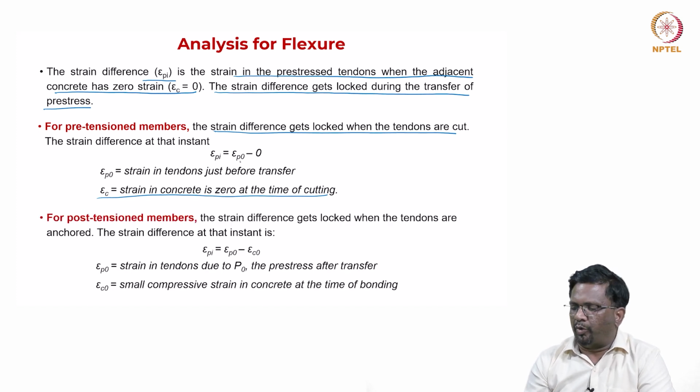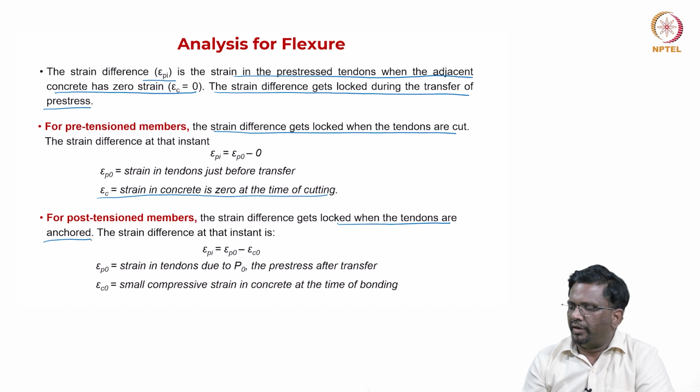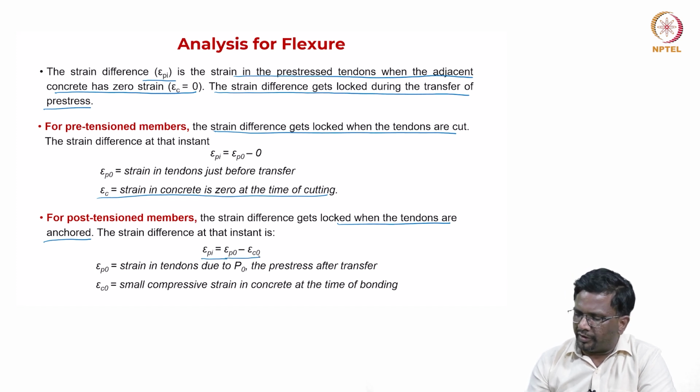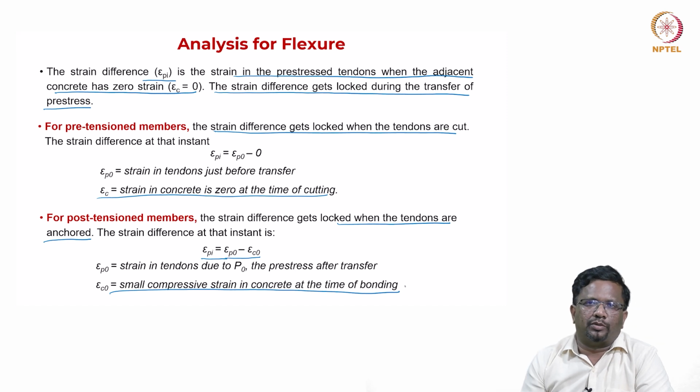However, in the case of post-tension members, the strain difference gets locked when the tendons are actually anchored. The strain difference at that instant could be epsilon pi, which is epsilon p naught minus epsilon c naught. That means there is going to be a small compressive strain in the concrete at the time of bonding. That is what we explained in the post-tension system. When you do stressing and the tendons are anchored, at that time they are not bonded with the concrete.